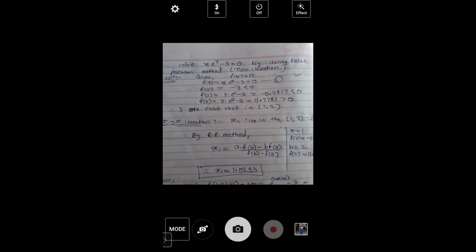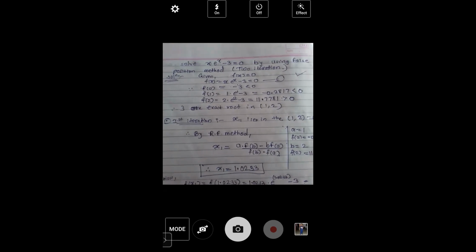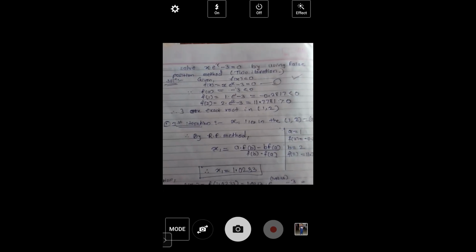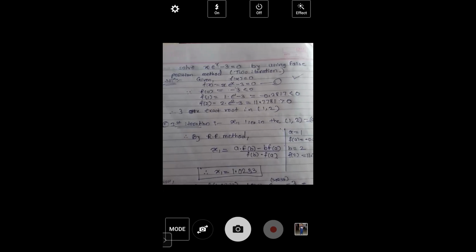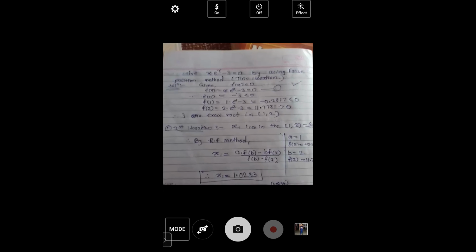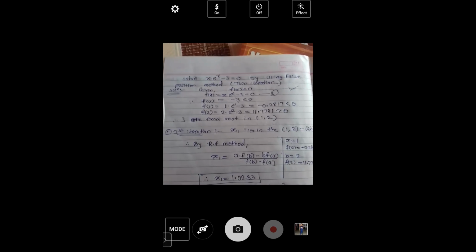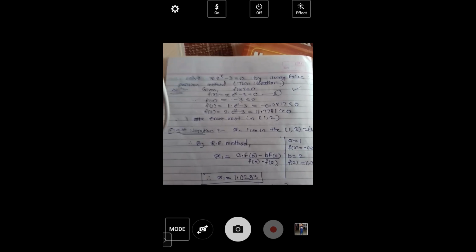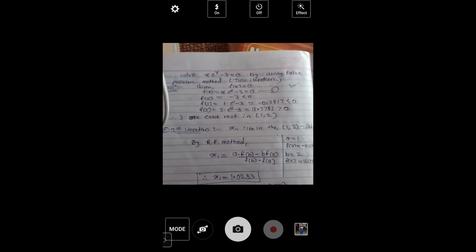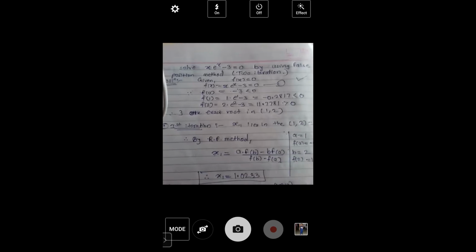So you can see in the question it is mentioned to iterate by using regula falsi method up to 2 iterations only. So whatever the question gives, expect that answer. If they ask up to 3 iterations, you will have to find x3. If they ask up to 5 iterations, you will have to calculate up to x5. So your answer is 1.03581.